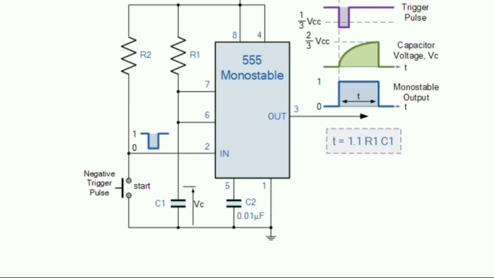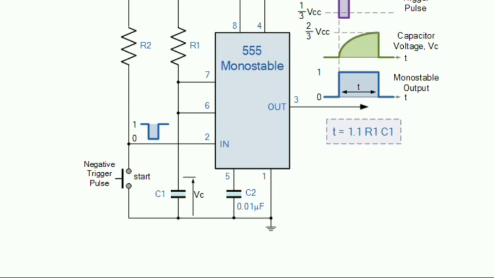It doesn't change suddenly, so slowly it is going to be charged and slowly discharged. So at this point the internal operation is going on. If you look at the waveforms, when the trigger pulse is given, which crosses 1/3 VCC, then the capacitor is going to be charged. The capacitor charges up to 2/3 VCC. As soon as it is charged to 2/3 VCC, the comparator values are going to change again. Since the comparator values change, the output goes back to 0. That is, for as long as the capacitor is charging, you are getting the output as 1.